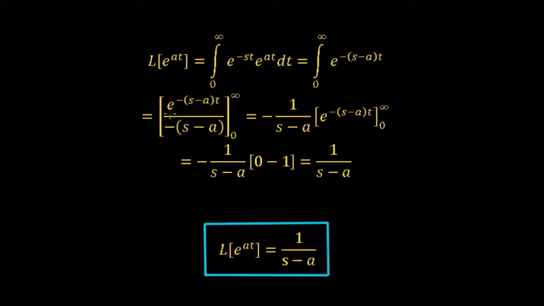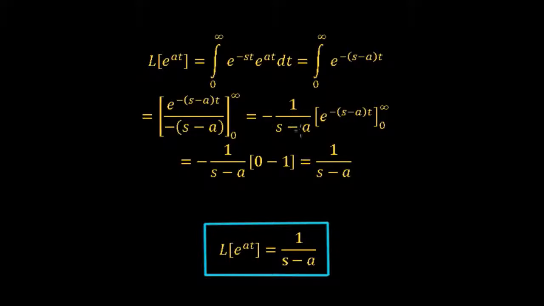So you'll be left with e to the minus (s minus a)t upon minus (s minus a) from 0 to infinity. Now we can take the minus 1 upon s minus a out, because we're integrating with respect to t. So s and a are not functions of t.